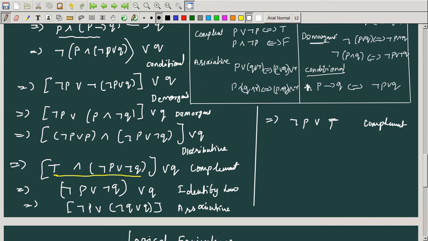After that, true or negation P is nothing but true as per the identity law. This is one way of asking the question. Therefore, the given proposition is a tautology.